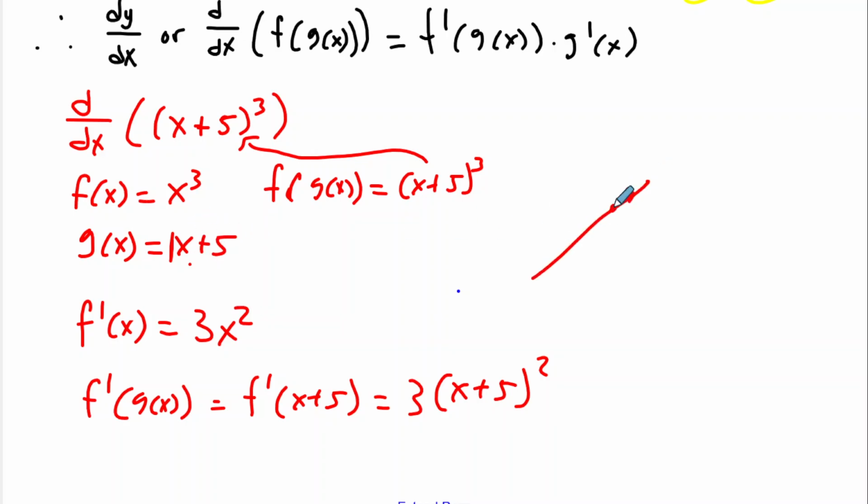From negative infinity to infinity, the slope is always the same. So hopefully by that deduction, you can say that g prime of x here is going to be 1.